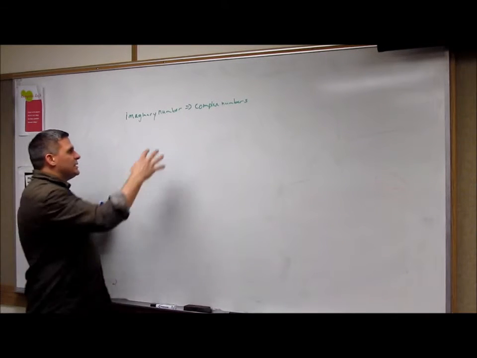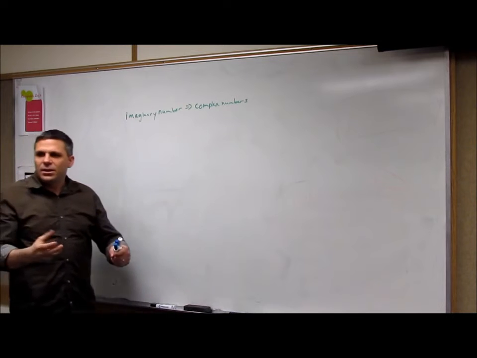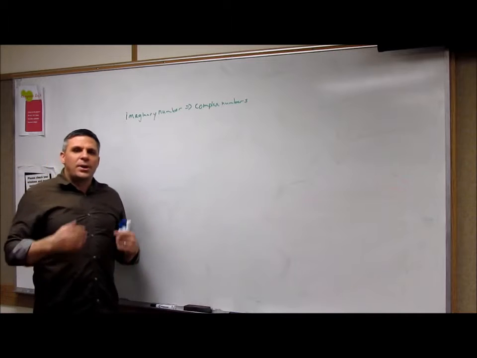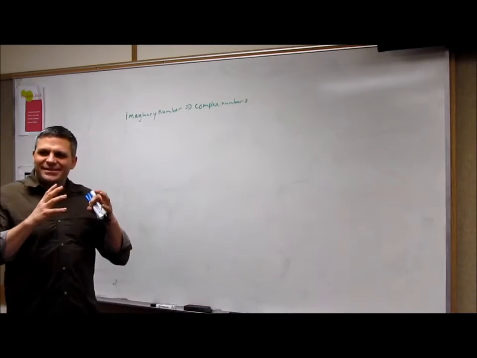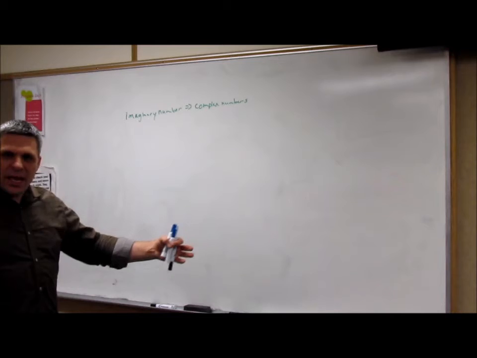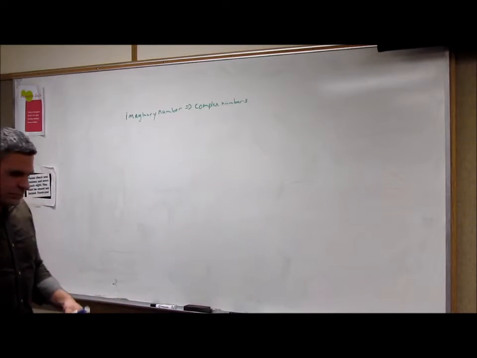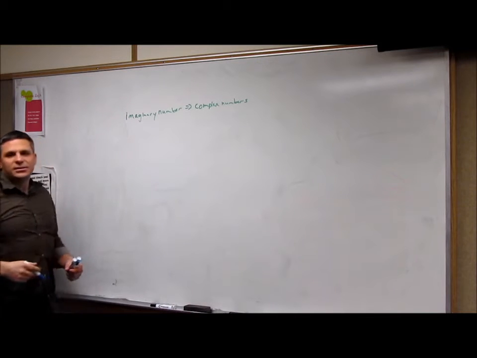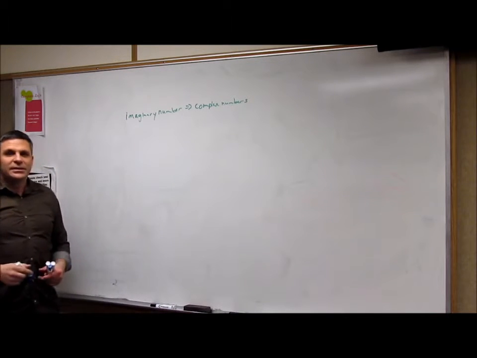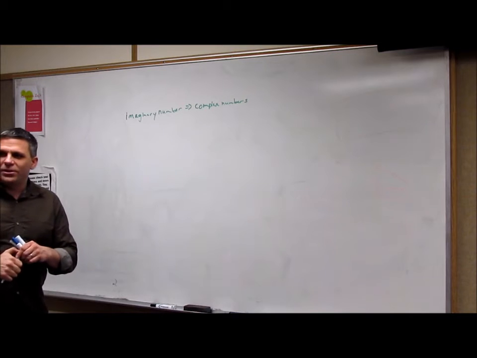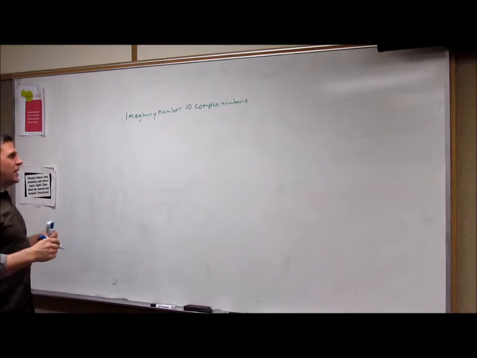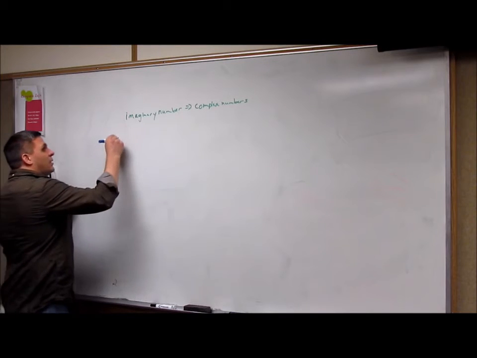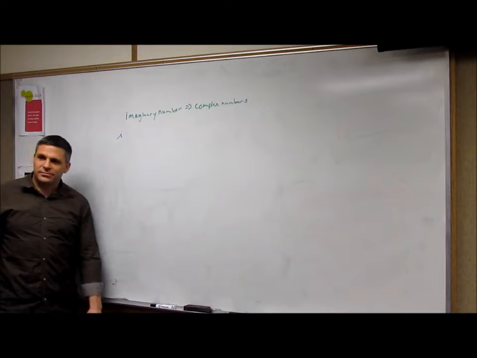Well, these imaginary numbers are the same thing. They're not in our real realm of numbers, like 1, 2, 3, 4, and 5, but are a whole other set of numbers outside of those. The way we denote them is with the letter i, for imaginary.